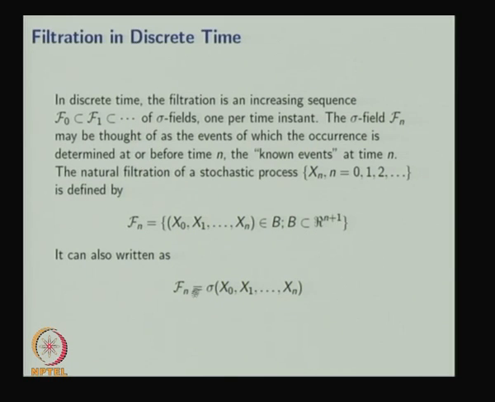This is also written as F_n is the sigma field generated by the n plus 1 random variables, or you can think of a random vector with n plus 1 dimensions. So F_n is a sigma field created by the random vector (X_0, ..., X_n), or the random variables X_0, X_1 and so on till X_n. So, this is the filtration in discrete time.